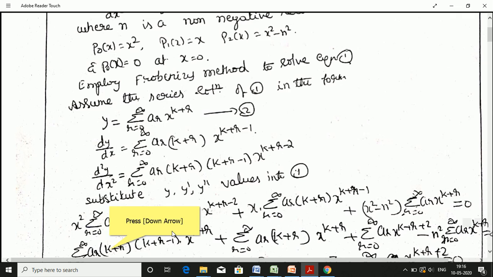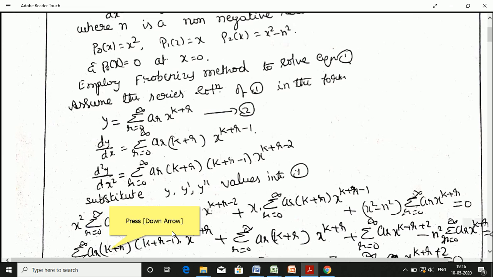Differentiate this with respect to x. dy by dx is equal to sigma r equal to 0 to infinity a r, a constant, into (k plus r) x to the power of k plus r minus 1. Again, if we differentiate this with respect to x, d squared y by dx squared equals sigma r equal to 0 to infinity a r into (k plus r) into (k plus r minus 1) x to the power of k plus r minus 2.